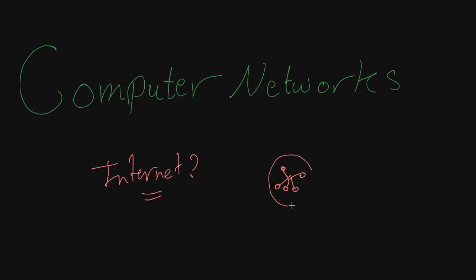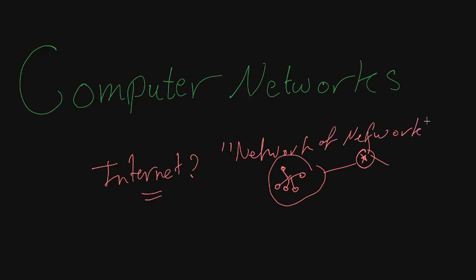These are then connected to other things connected to each other, which makes it a network of networks. So sometimes it's called a network of networks. Okay, so this defines the internet.